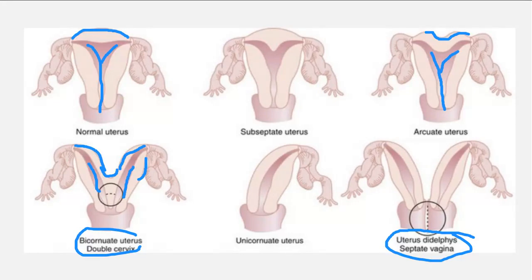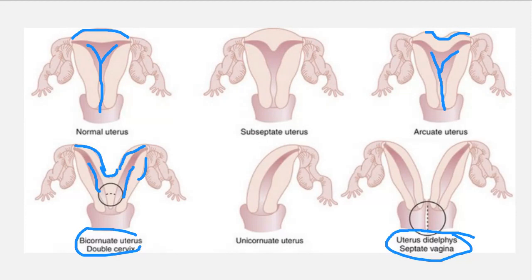Also, when women continue to have a normal period throughout their entire pregnancy, that is because they have a baby in one uterine horn, and then they have a period in the other uterine horn. So this is where all of those kind of bizarre pregnancy stories come from, because these women have some sort of uterine variation that allows for it.